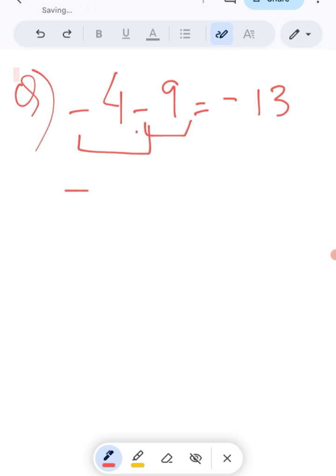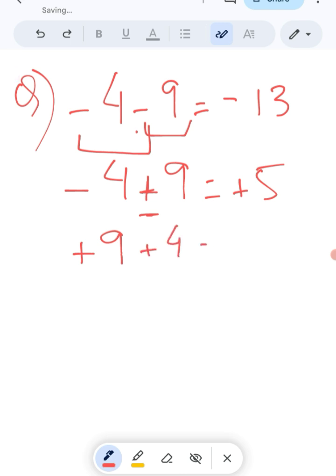For example, it was a minus 4 plus 9. Now I can see the signs of these two are different, minus and a plus. So this means I will subtract the numbers. 9 minus 4 is what? A 5. Agreed. And the sign of the bigger number comes once again. Okay. Let's take another example. If it was a plus 9 and a plus 4. Now the signs are same once again, plus and a plus.